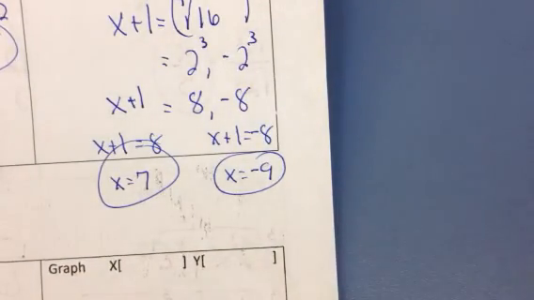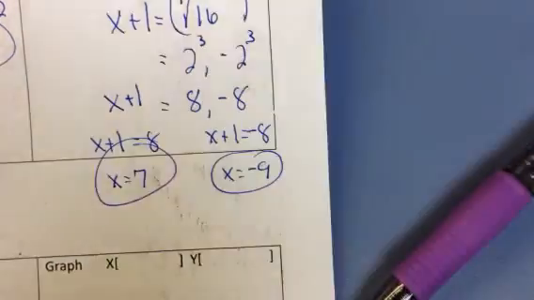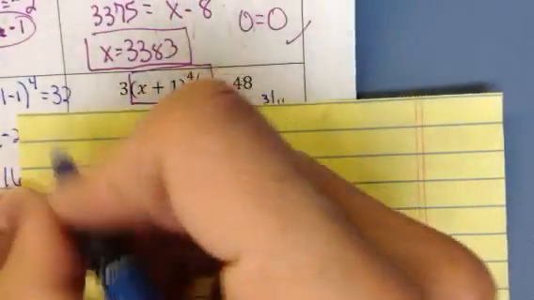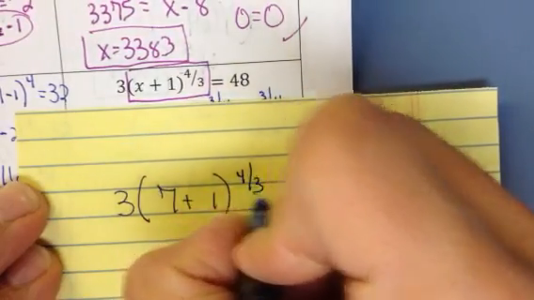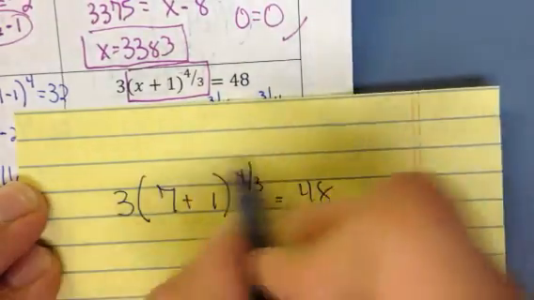And now I just want to see, do these really work? So I'm going to go back and check in the original problem. So first I'm going to try 7. So putting 7 in. And you can type this in.